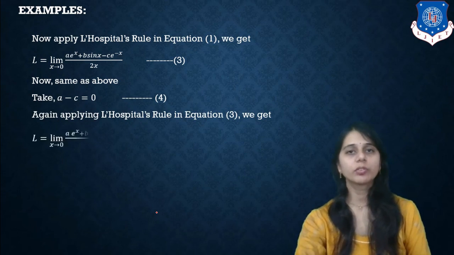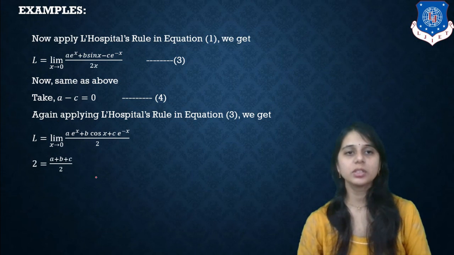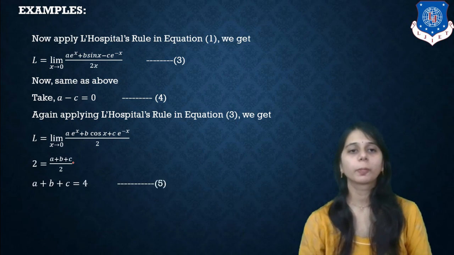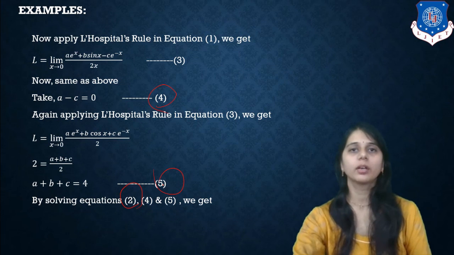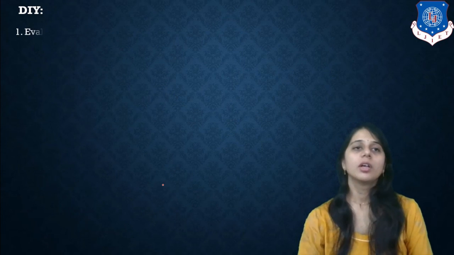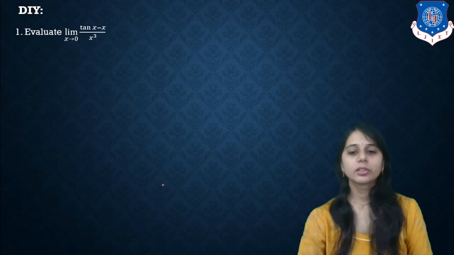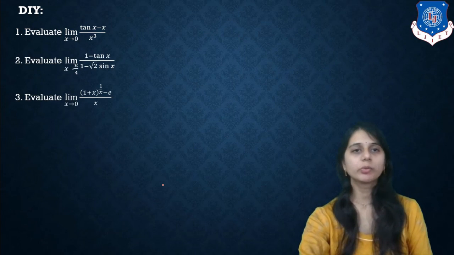Applying L'Hopital's rule for equation 3, we get 2 equals a plus b plus c over 2, so a plus b plus c equals 4. Solving equations number 2, 4 and 5, we get the values of a, b, c as 1, 2 and 1. Some examples are illustrated here to solve the 0 by 0 indeterminate form.